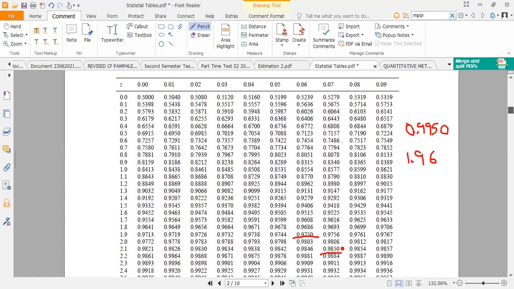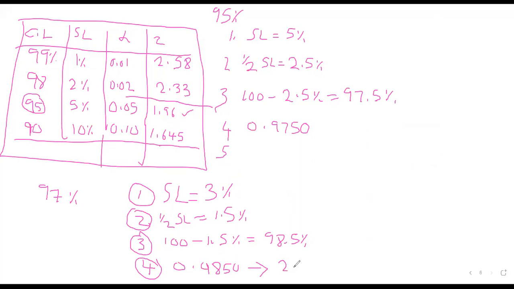Yes, 2.17. So this is how we do the reading, 2.17.